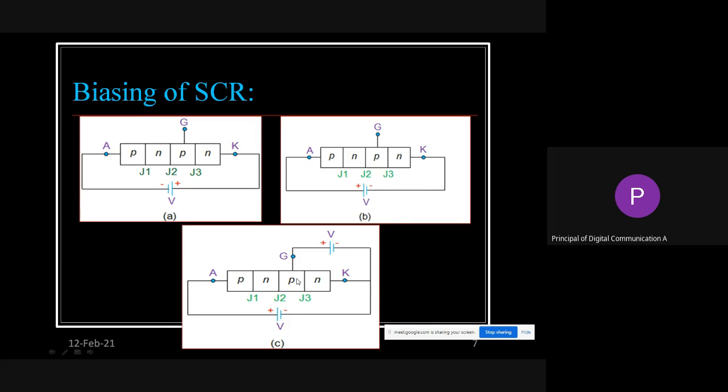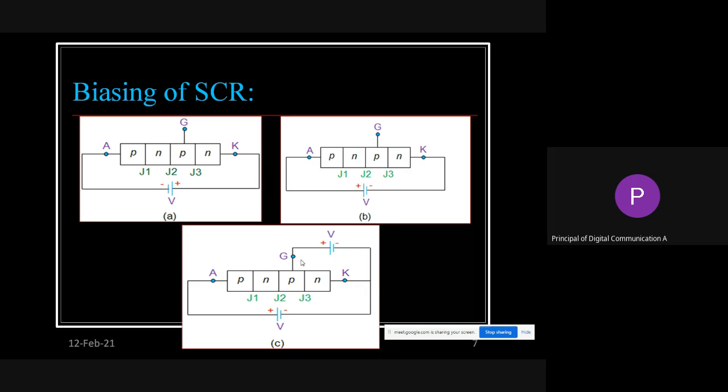As the gate is P, that is positive, it is connected in forward bias, that is P is connected to the positive of the battery and the negative is connected to the cathode. That's why the gate is in forward bias, gate to cathode, and it will provide some current. That is called gate current Ig. Just note down this terminology also. Gate current Ig. And this Ig makes this particular SCR go on, or become on.